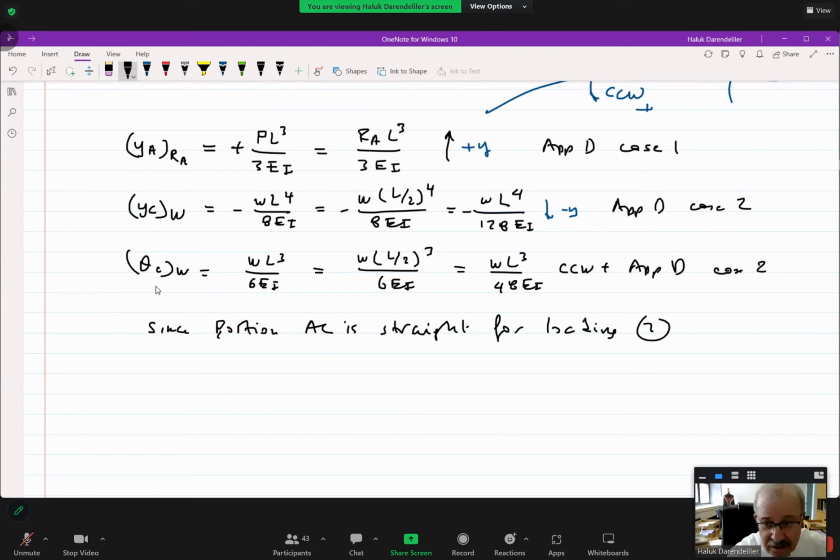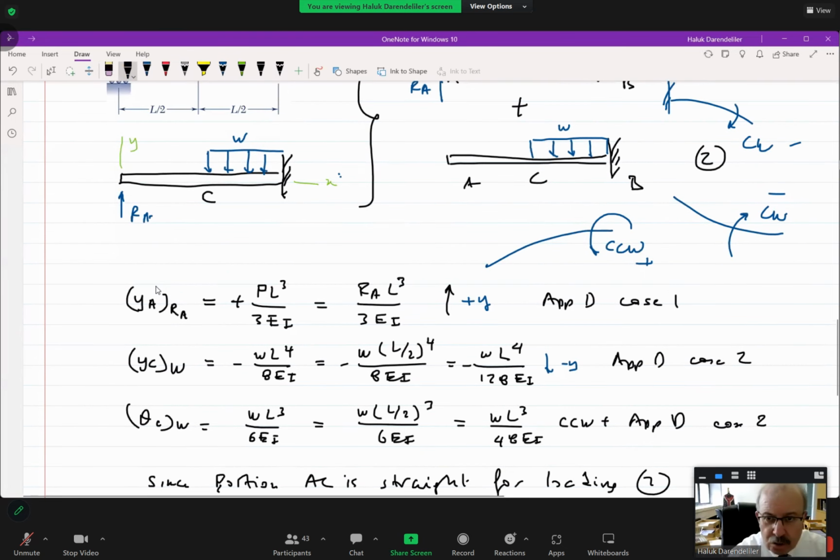If we had only loading 2, it would be straight. Is this clear?